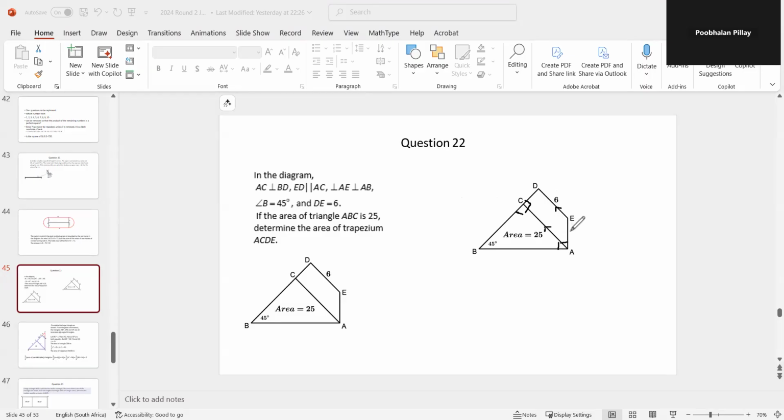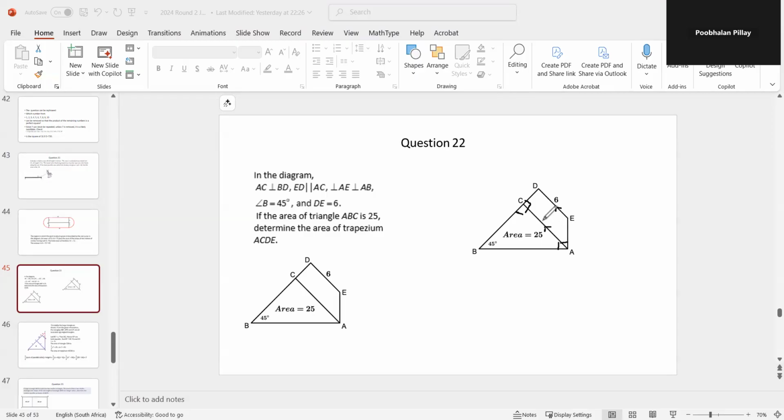All right, so we can find the area of a trapezium. The formula for the area of a trapezium is half the sum of the parallel sides. So it's half the sum of 6 and this side here, which we don't know.